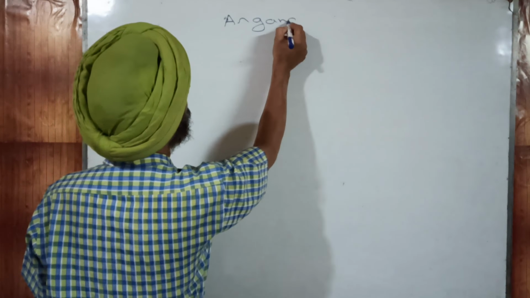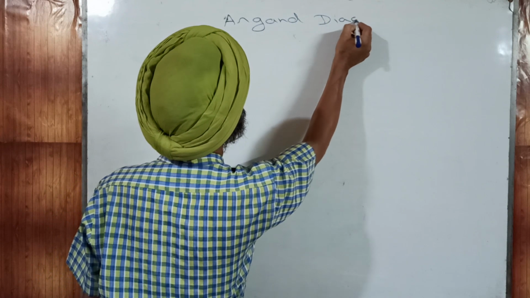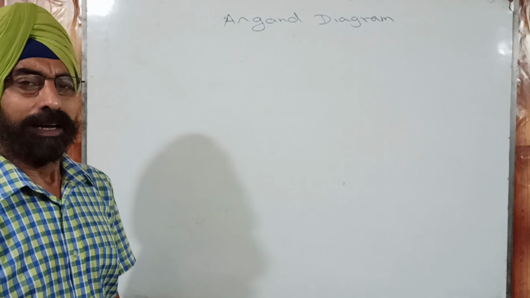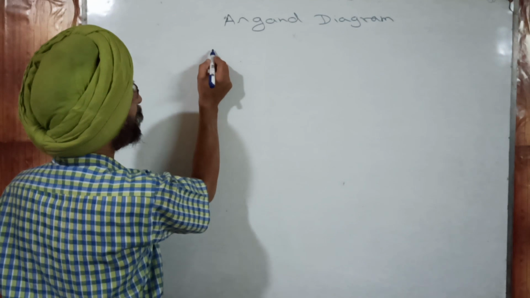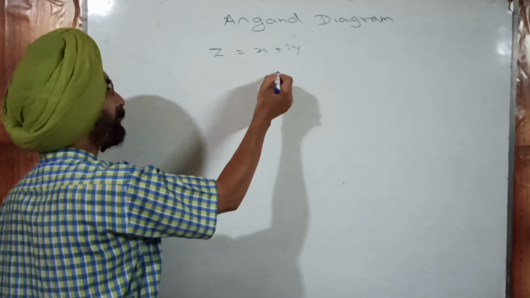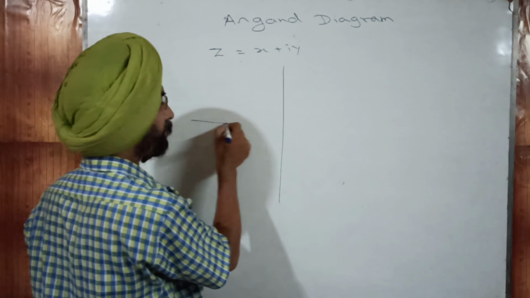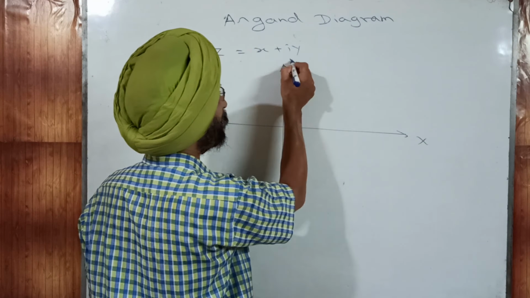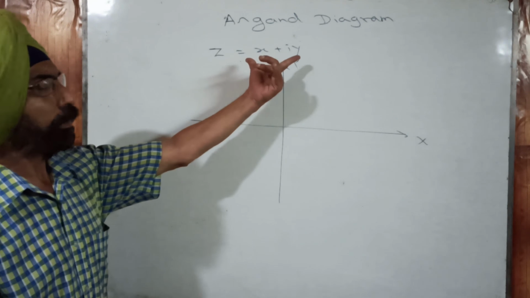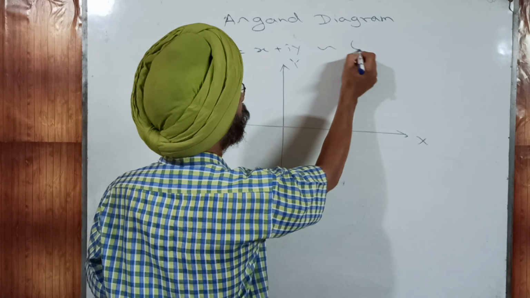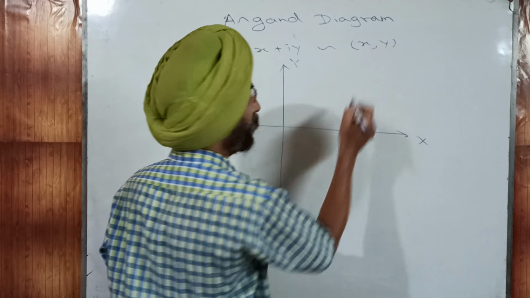So this is Argand diagram. Argand diagram means every complex number z, x plus iota y, can be represented on this plane. This is x-axis, this is y-axis, and this point x plus iota y is a replica of the coordinates x, y.